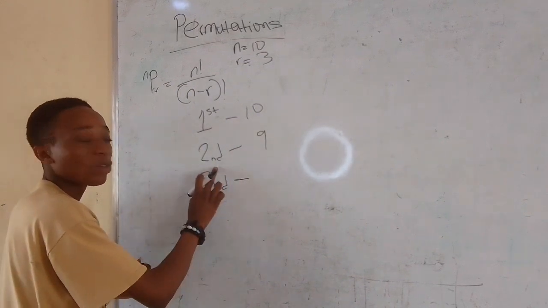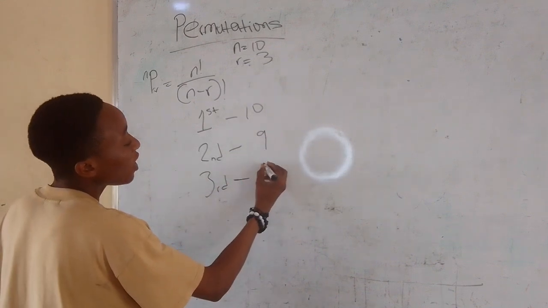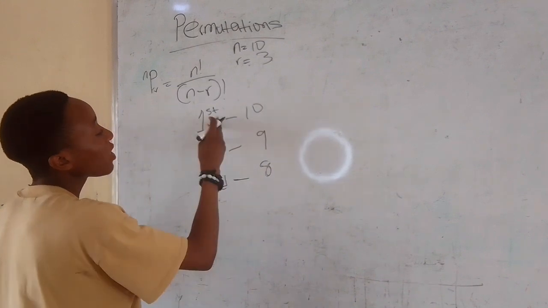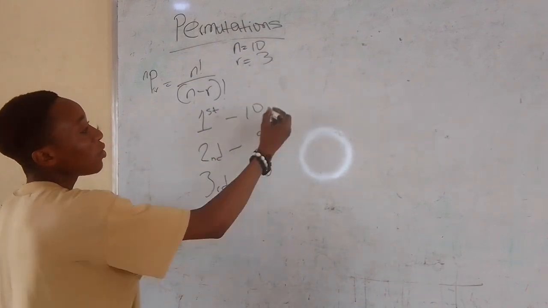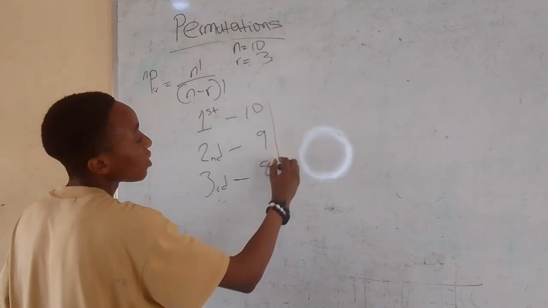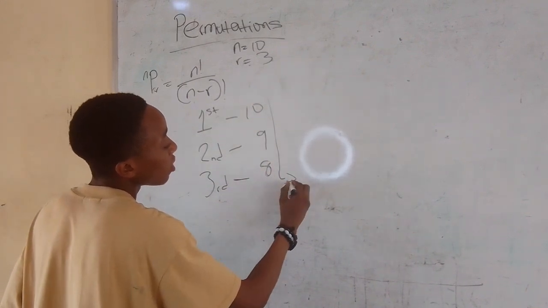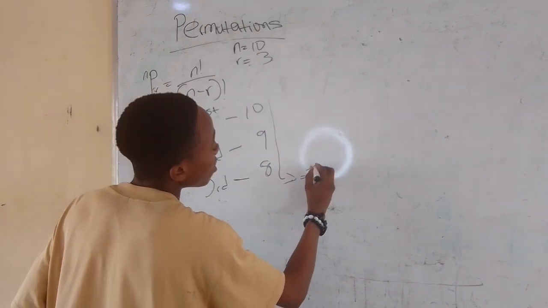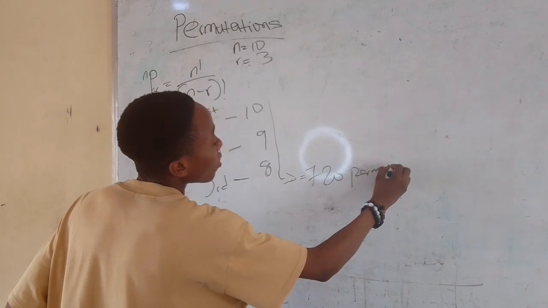Same thing goes for the third position. There will be only 8 students vying for the third position, because the first and second positions have been taken already. So by the time you multiply this, you will get your answer, which is 720 as your permutation.